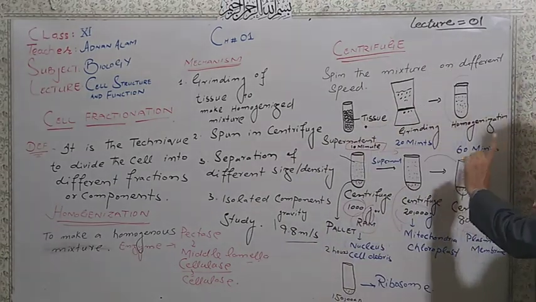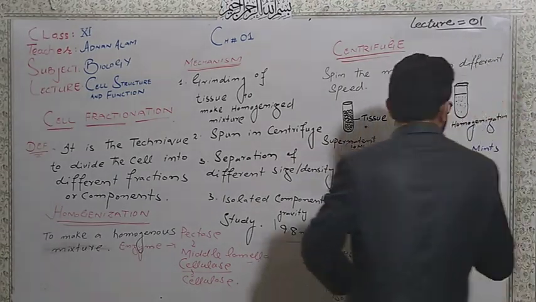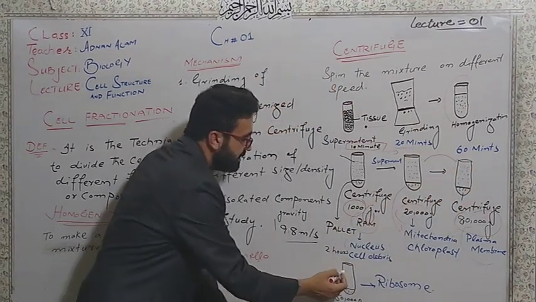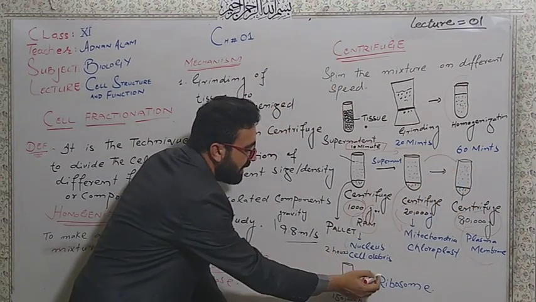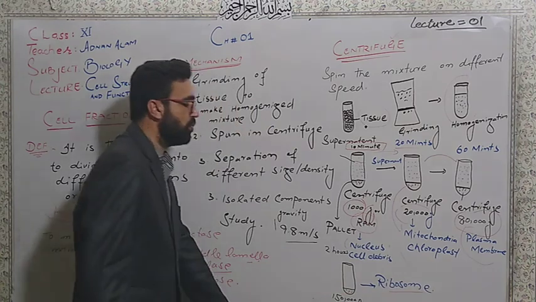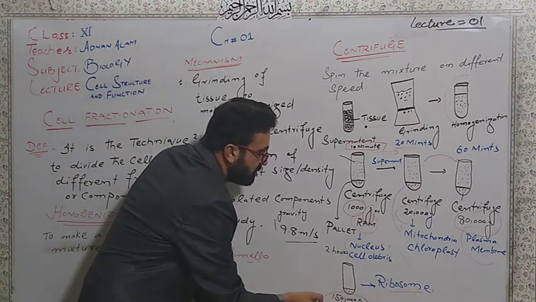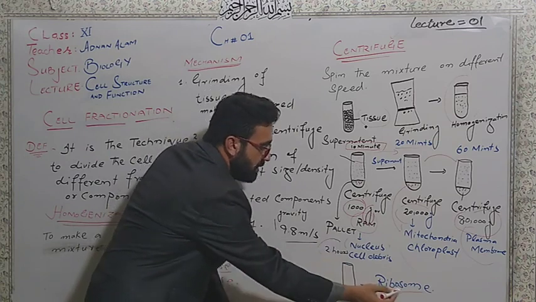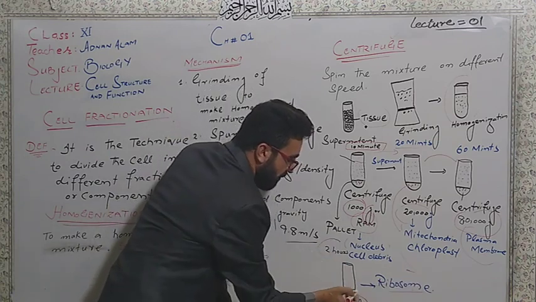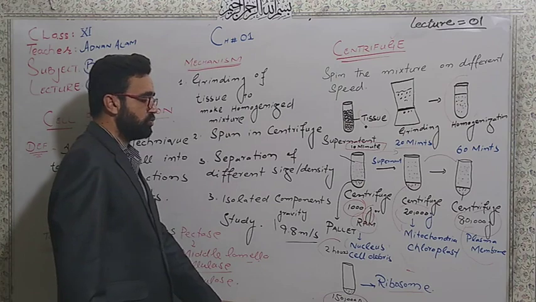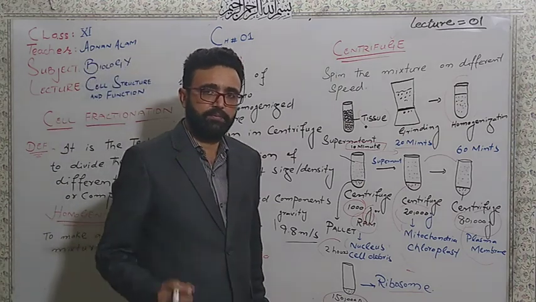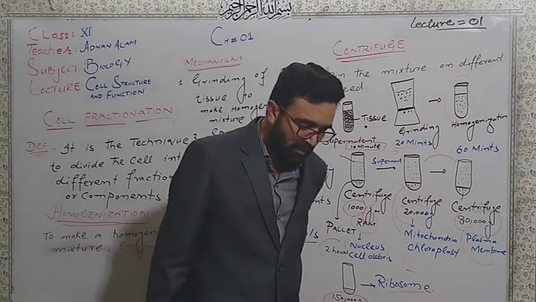If you want to pursue this process, again we will take the supernatant and spin it, and we will take ribosomes in the pellet at 150,000 G for 2 hours. We will get ribosomes, because ribosomes are such small particles.